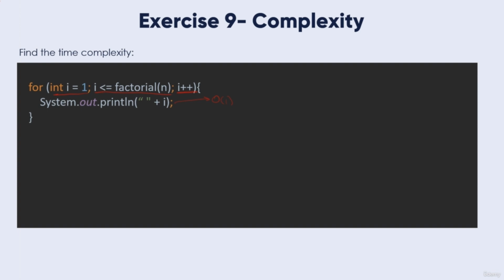So, this loop will start from 1 till i is less than or equal to factorial of n. This is a method called factorial, and we pass n and calculate the factorial of n. In mathematics, the factorial of any number is the number times the number minus 1, times the number minus 2, till reaching 1.